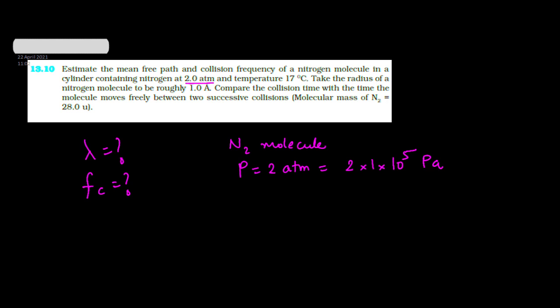Okay, that's the pressure done. Temperature is 17 degree Celsius, but we don't like degree Celsius, we'll convert to Kelvin. So that's going to be how many Kelvin? 290 Kelvin, that is right. So 290 Kelvin here.